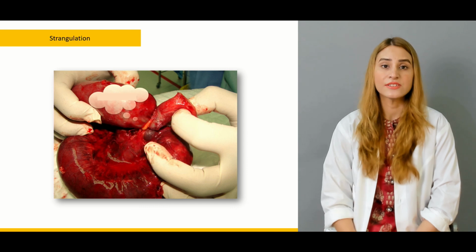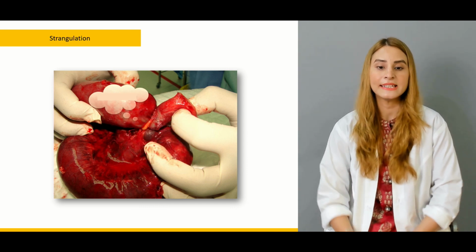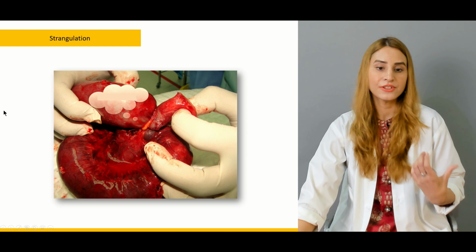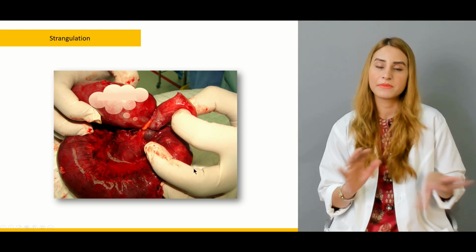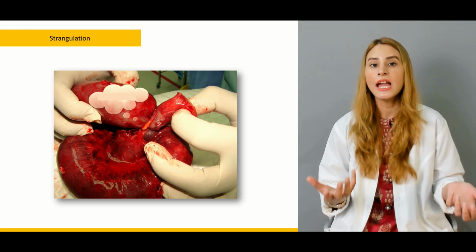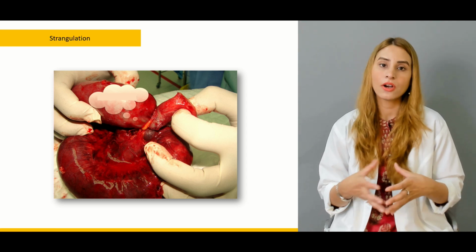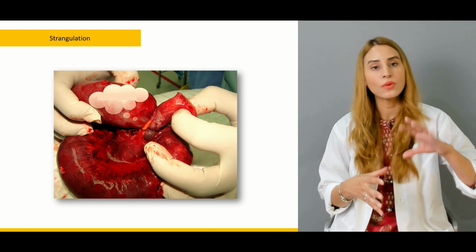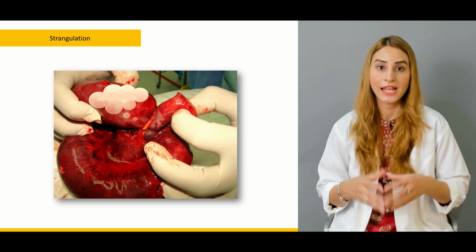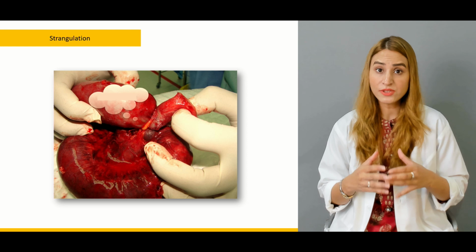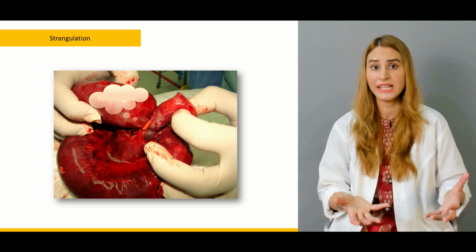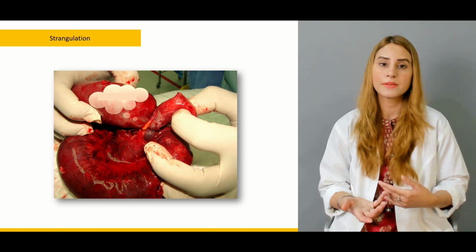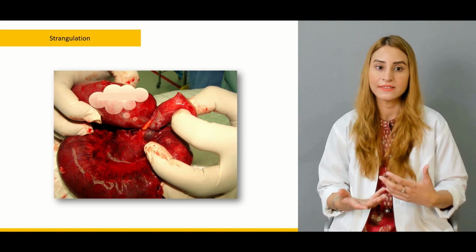Now we'll talk about strangulation. So what do you mean by strangulation? You can see here in this picture that there can be a stricture, there can be adhesions, or there can be volvulus or intussusception, whatever the cause of the intestinal obstruction. But the most important thing is the gut should not be strangulated, because whenever there is a dilated loop of the bowel present, there's a chance of strangulation.